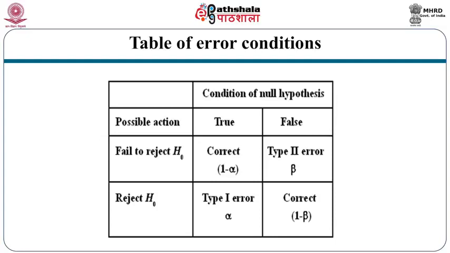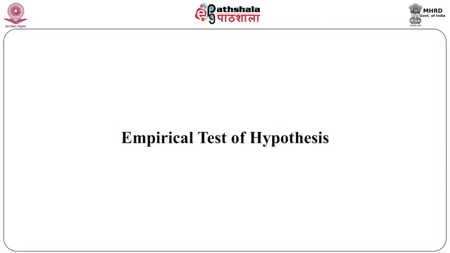This table explains what alpha is, what beta is, and what 1 minus alpha and 1 minus beta are. In testing of hypothesis, we try to fix alpha, whether it is 0.05 or 0.01. Suppose alpha is 0.05, that means the probability of committing a type 1 error is 0.05. That means there is a 5% chance that we might have rejected the H naught when the H naught is true.